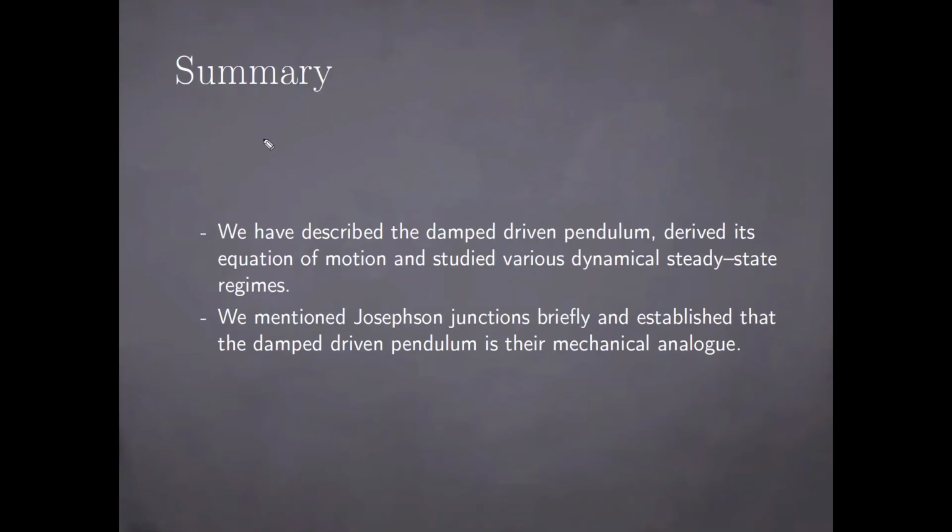So in summary, we have described the damped driven pendulum, derived its equation of motion, and studied various dynamical steady state regimes. We've mentioned briefly Josephson junctions and established that the damped driven pendulum is their mechanical analog.